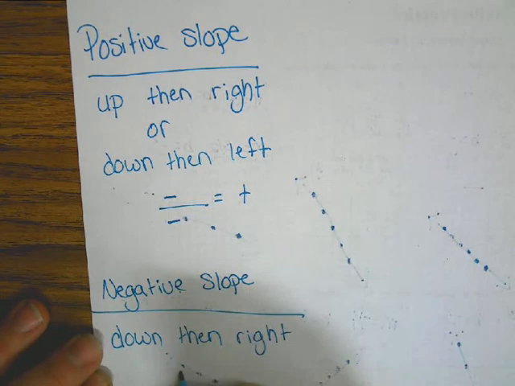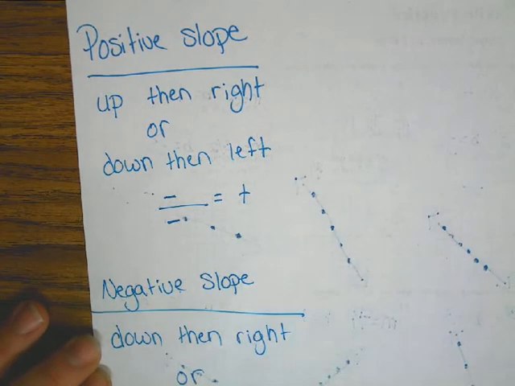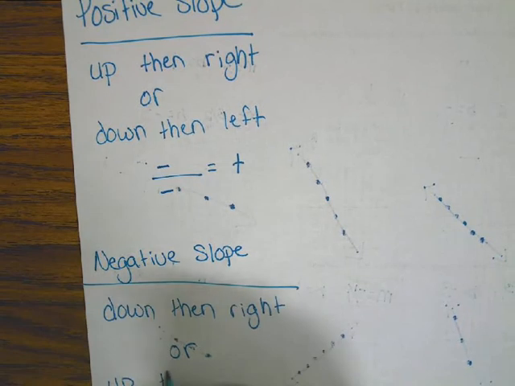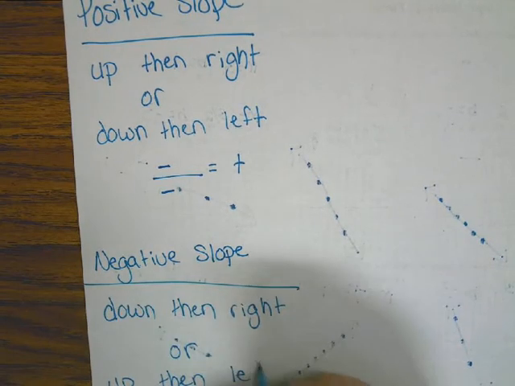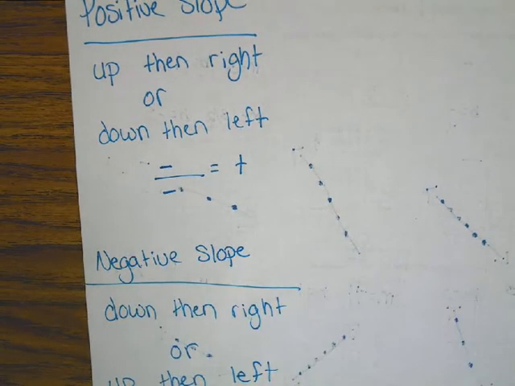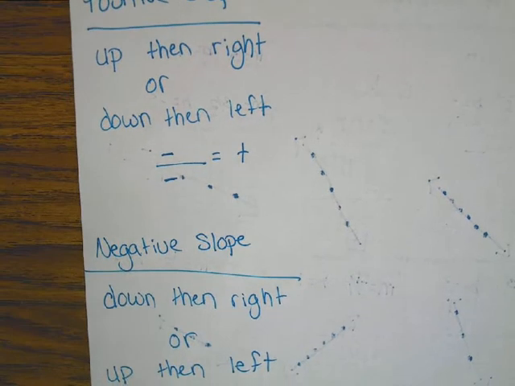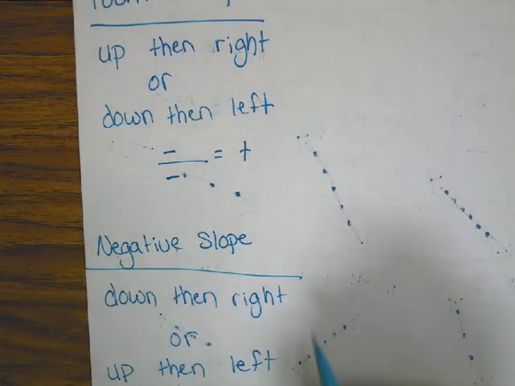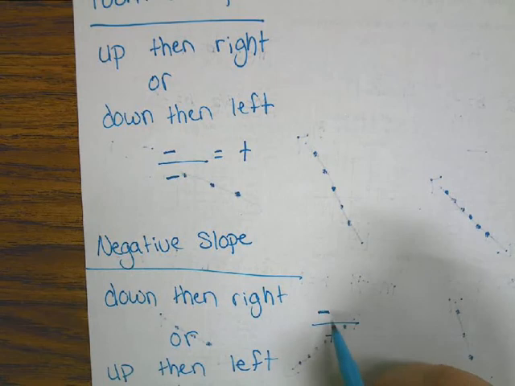Up, then left. If it's a negative slope, you go down, then right, because if you go down, that would be a negative. If you go right, that's a positive, so negative over a positive gives you a negative.